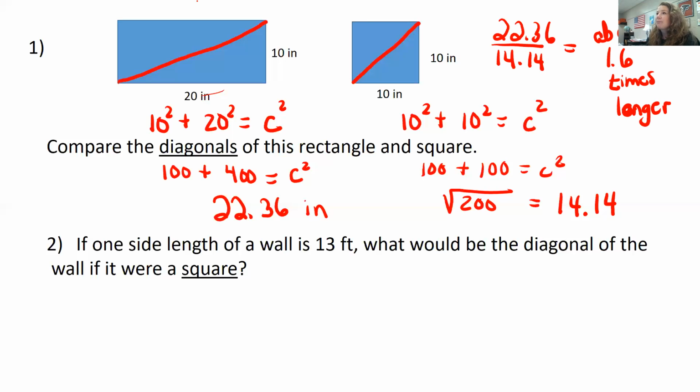So the bigger rectangle's diagonal is about 1.6 times longer than the square's diagonal.